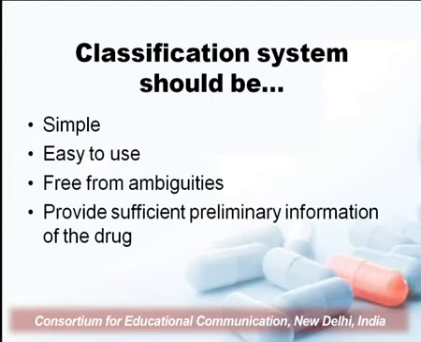A prior requirement for technical knowledge should not be there, and it should be easy to use, so that any layman can use that classification system to get knowledge about drugs. Then the classification system should also be free from ambiguities, so there should not be any confusion regarding the placement of the crude drug under a particular category, and a system should provide sufficient preliminary information of the drug.